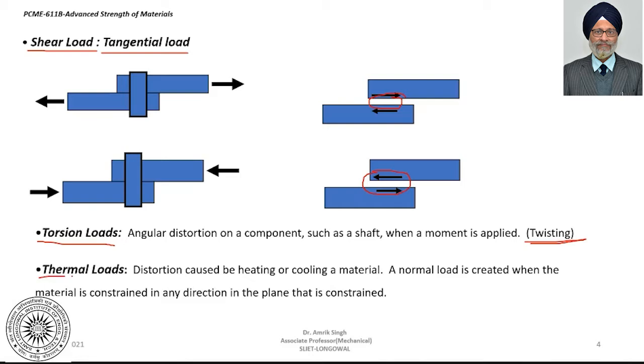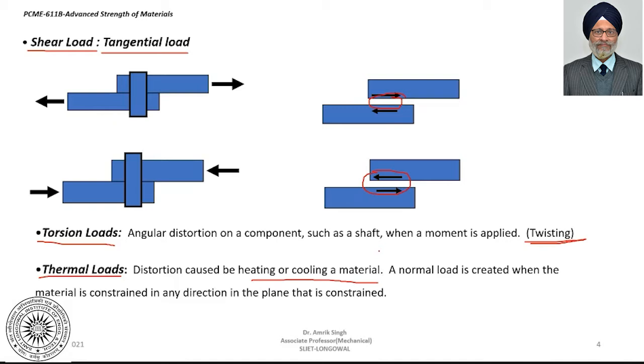Then another type of load is the thermal load, in which the distortion is caused because of heating or cooling of material. Suppose a shaft is running in a bearing. If the friction is not smooth over there, then it is going to heat up.